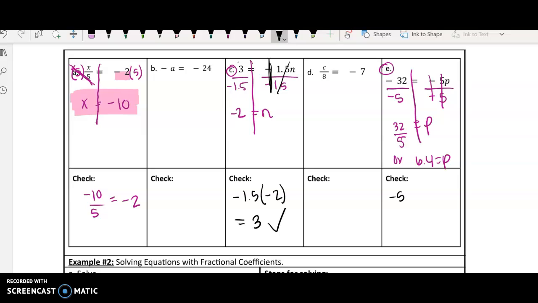So -5 times 32/5 should equal just 32. So -5 times 32 is 160, and it's negative. And then you divide by 5, and that does equal -32. So we got that one right.